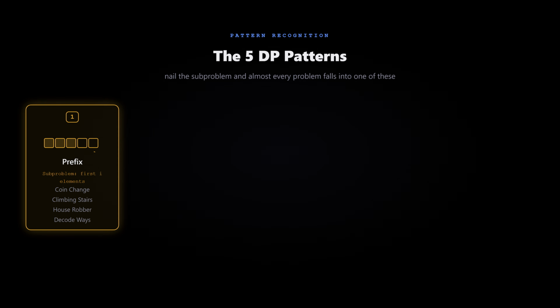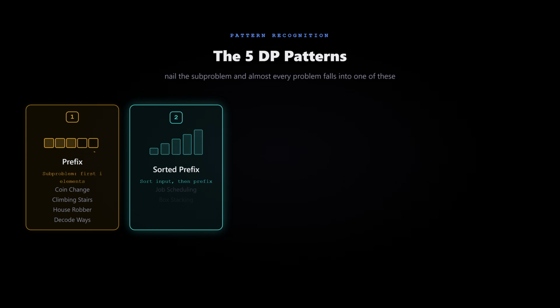Your input is a sequence, and the subproblem is simply, what's the answer for the first i elements? We saw this already in coin change, climbing stairs, house robber, decode ways. They all follow the same shape. You're basically just working with a one-dimensional array and filling it from left to right.